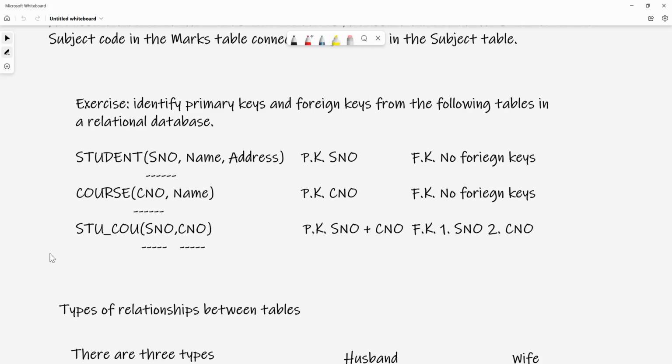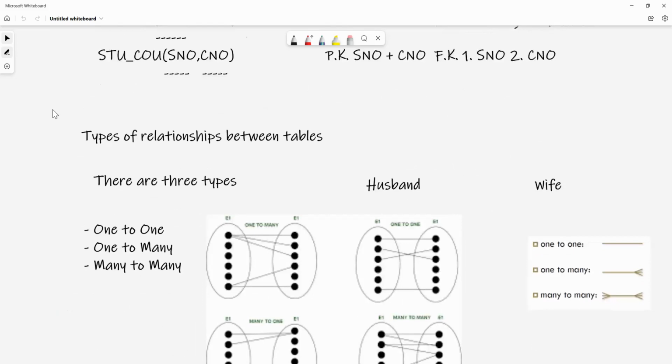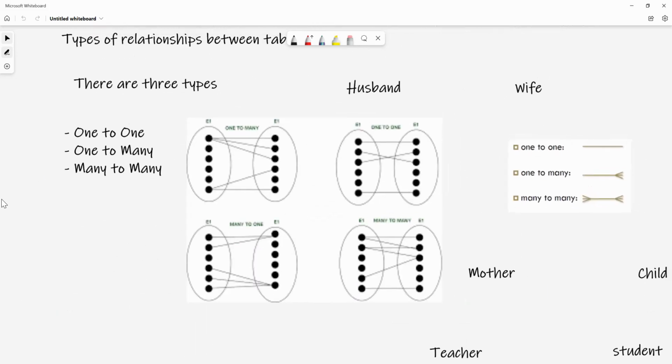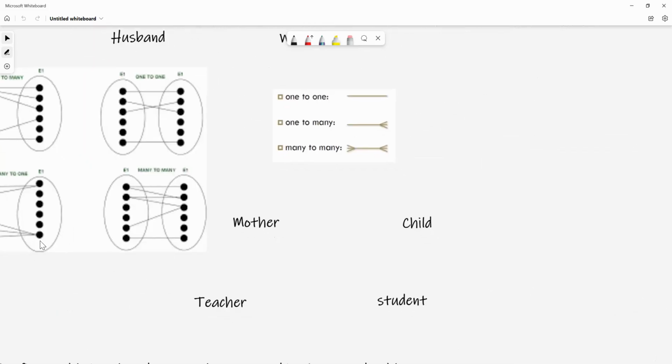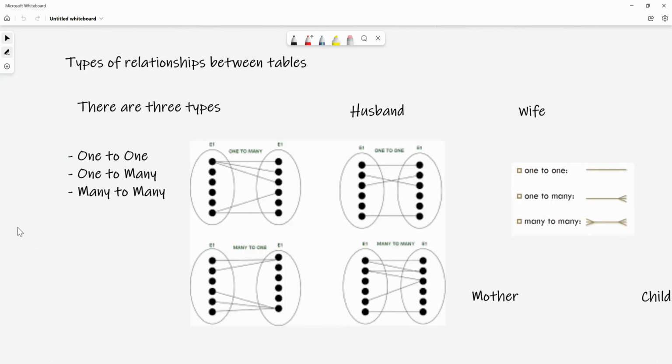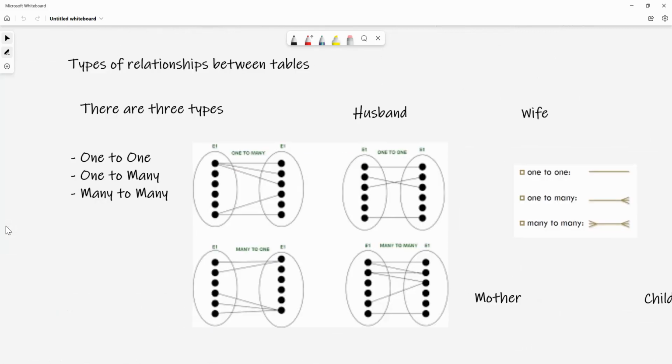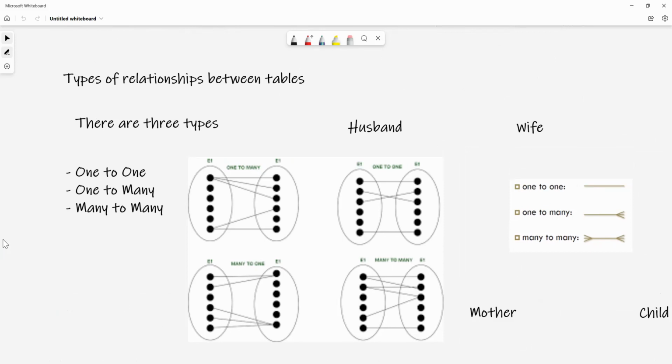Okay, then last time we also discussed the relationships. This is very important. What are the relationships in tables? There are three: one-to-one, one-to-many, and many-to-many.